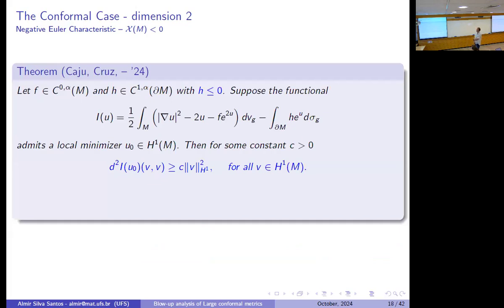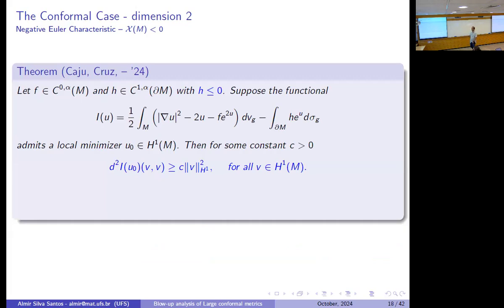Also, we have studied what is happening with the functional at a local minimizer of the functional. We do some calculation and see that the second derivative is positive definite.